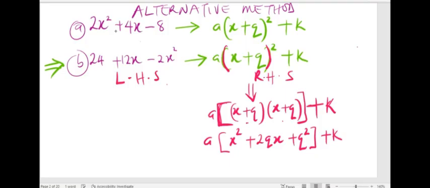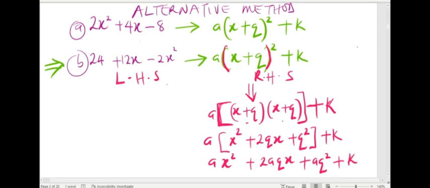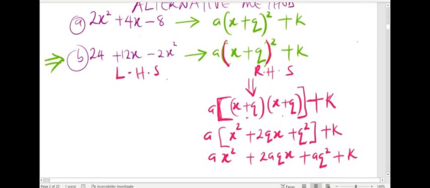Then we simplify fully. That's going to give us ax squared plus 2aqx plus aq squared plus k. Alright, that's what we have.